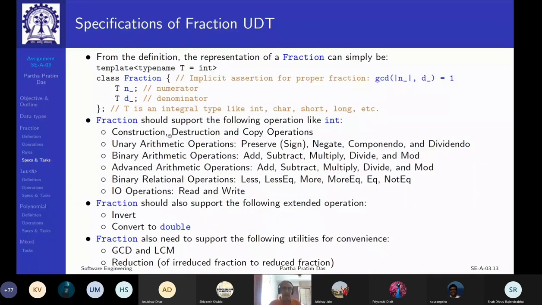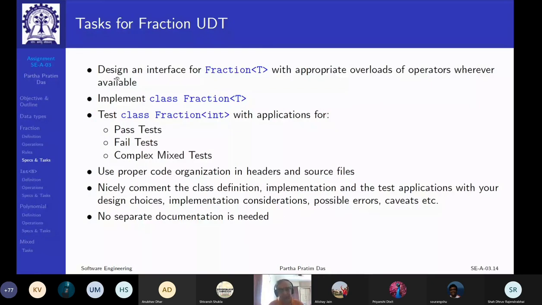Will there be a default constructor? What will be the parametric constructors? Will there be a copy constructor? So you put down the signatures of each one of these with proper identification of the operator being overloaded, and that will give you the total design interface along with the parts of implementation that we have already discussed.